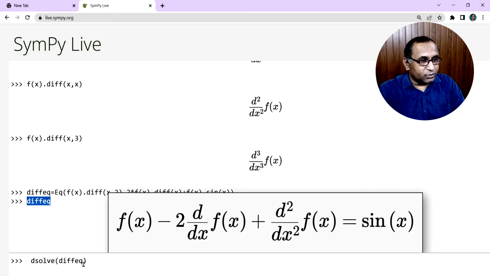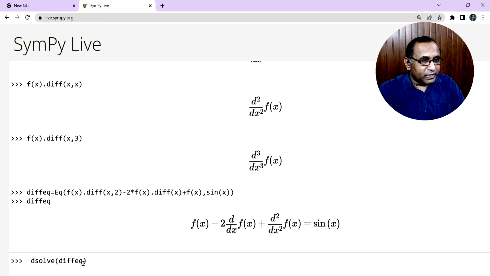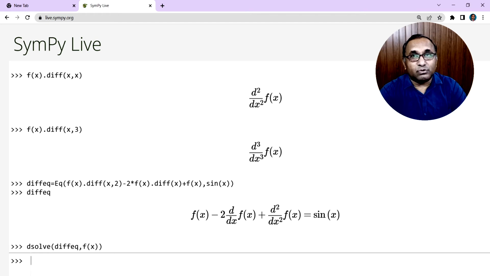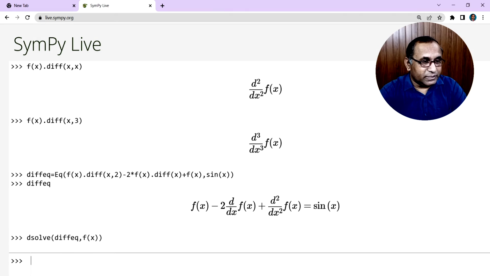Okay, so now we want to solve this equation for f(x). Okay, then enter here f(x). So when you enter, this will return us the solution of the above differential equation, and it will take a few seconds.